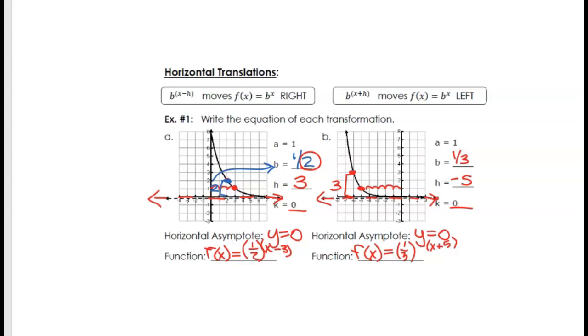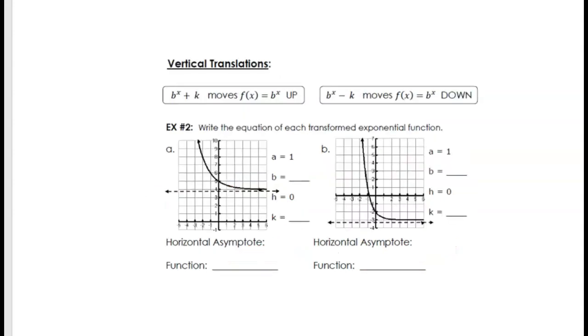All right. So I'm going to move on to the next screen, but I think that you guys are capable enough that you could tackle the vertical translations on your own, or at least in your groups. So I'm going to give you the opportunity to go through the 3 steps, fill in the information that's there, and then we're going to go through the problems, the answers together.